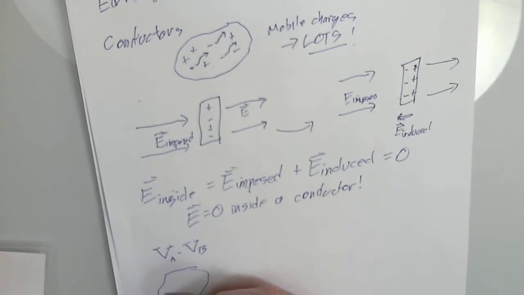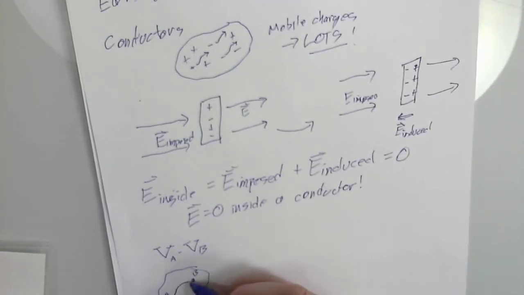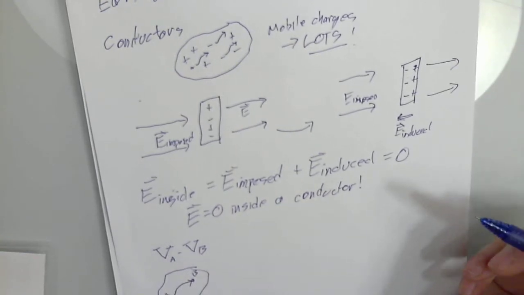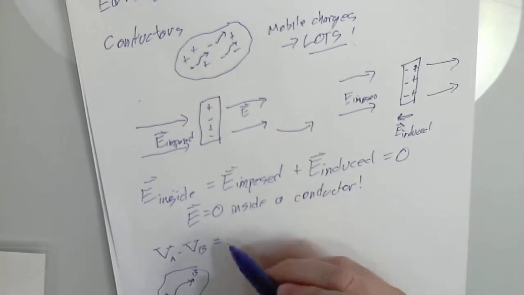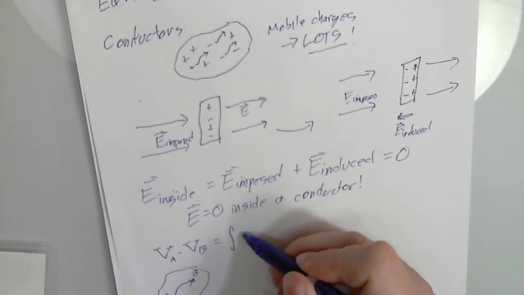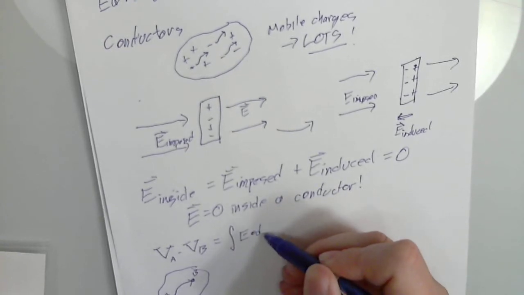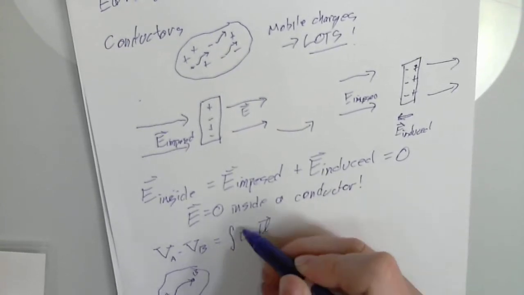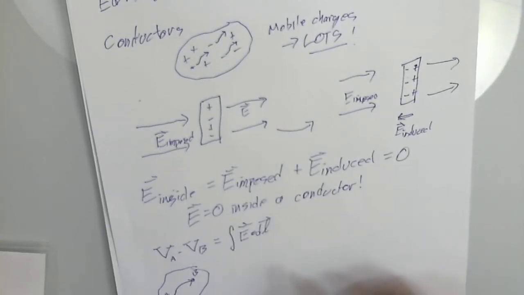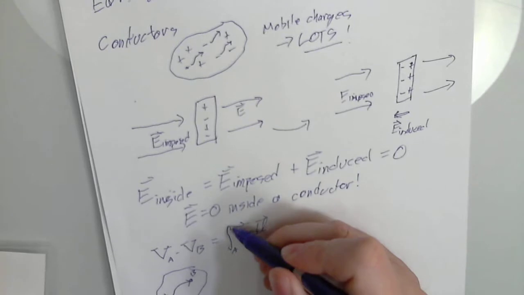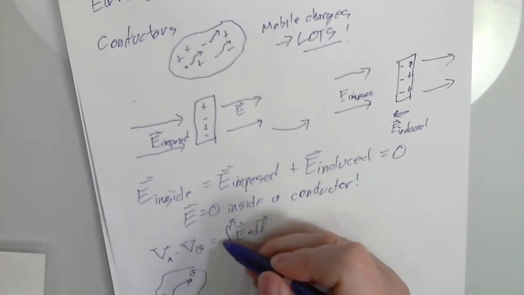Here's my conductor, here's point A, and here's point B. And we're going to take a path integral from A to B. That gives us the path integral of the electric field is equal to the difference of potential from A to B. I think there's a minus sign here.